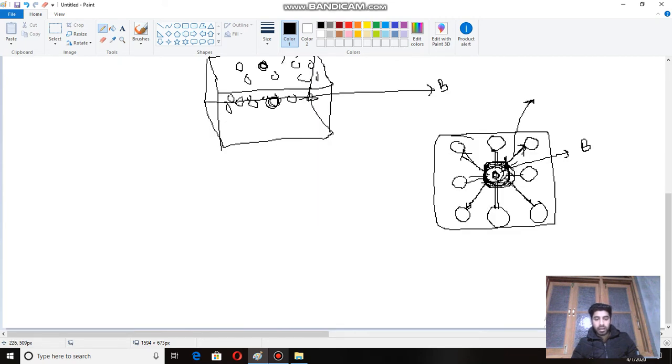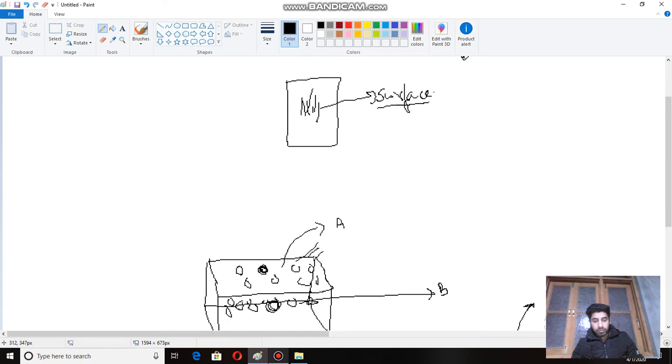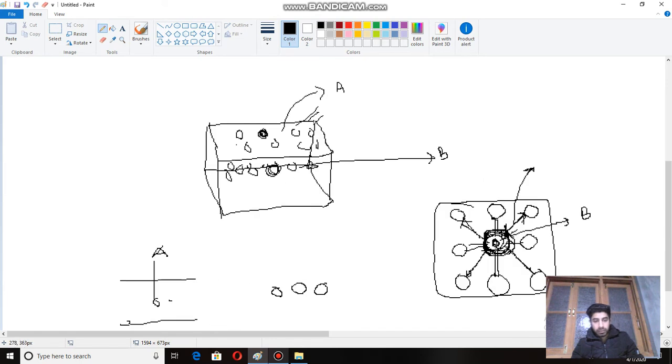Let's see how. Now let's take one atom from this surface which we have represented by A, and let's look at this. See, this A molecule will be like this. Below the surface there will be molecules, or you may say atoms, but above this surface there are no atoms present.